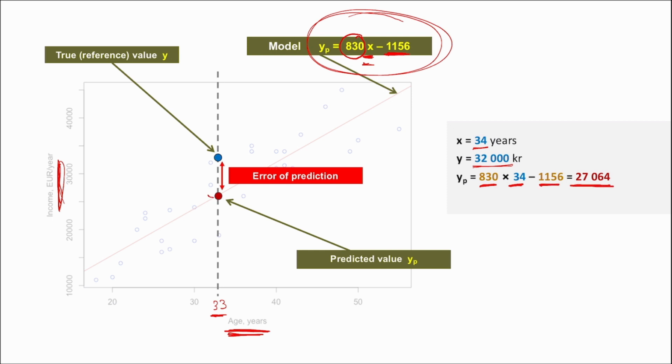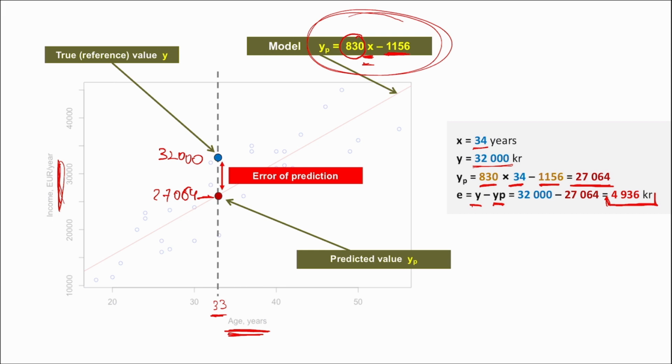So this is the position of this red point, 27,064. And this is the real one, 32,000. So the difference between the real salary and the predicted salary, that's our error of prediction. This is how much the model cannot explain, because salary also depends on many other factors. But that's the difference between the real salary and the predicted salary.